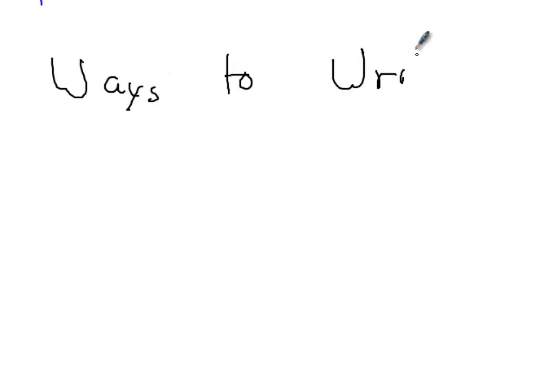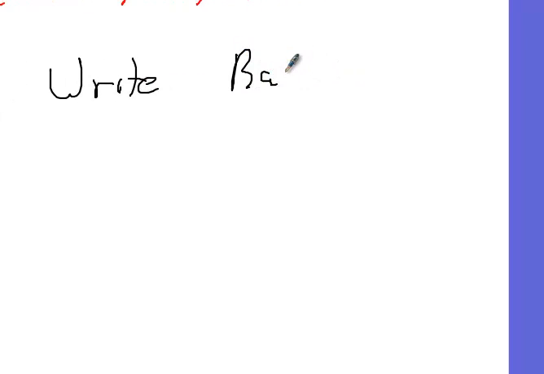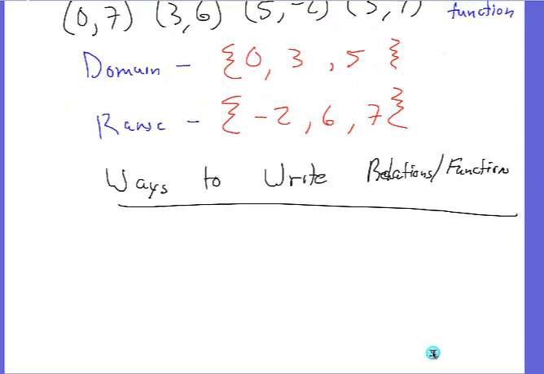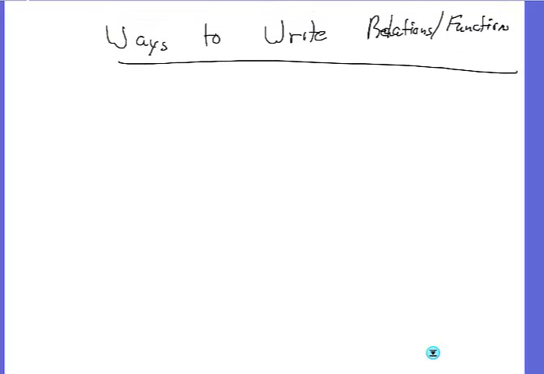The last thing we want to talk about is ways to write relations or functions. Okay? So basically, the first way we can write them is the way that we just wrote them.